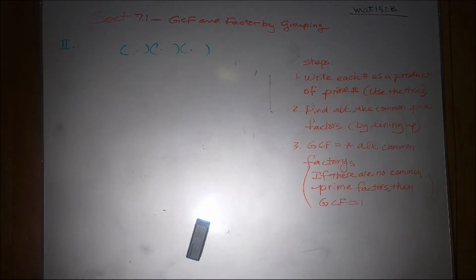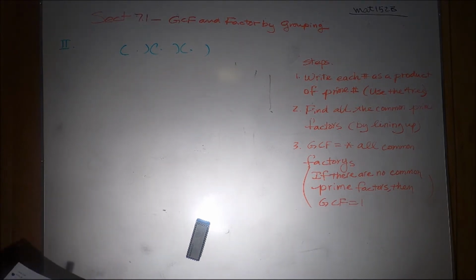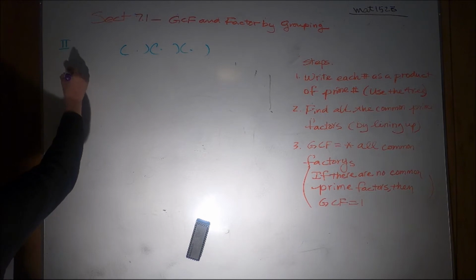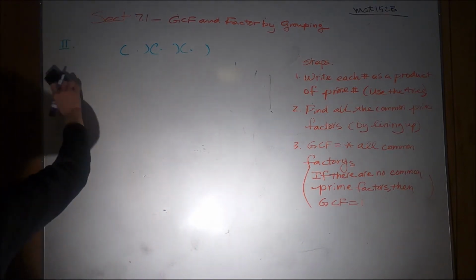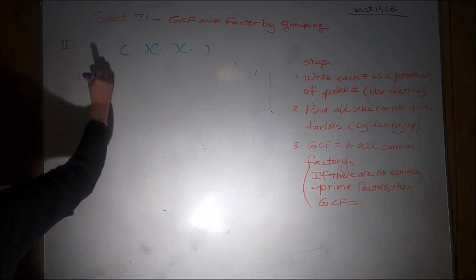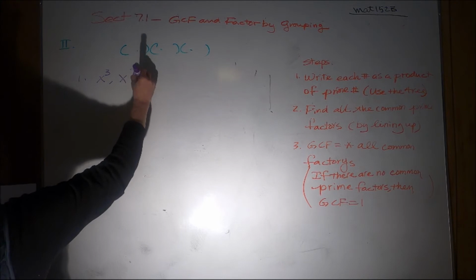And what happens for the variable? Right now we just do the one term, right? So for the variable, same thing. For the first example, say I have x cubed, x seventh, x fifth.